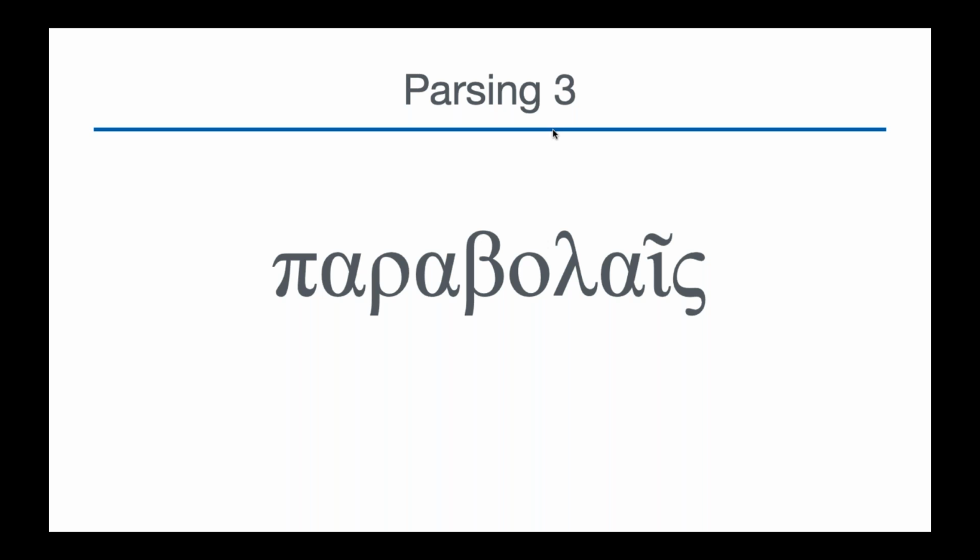The phonetic way you write it is how it sounds, like hyperbole, because you have to show that the eta is long, while an epsilon is just a short e. So what's the inflected meaning? In parables. Yep.